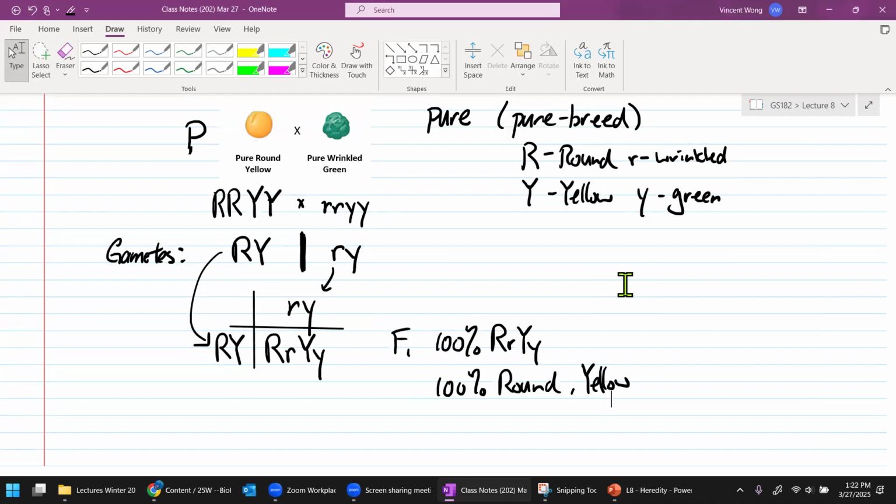So just on a side note here again, okay, let's say I have a gray mouse, and a white mouse, and this one has a long tail. White long, gray short. Okay. And then I get 100% gray long.